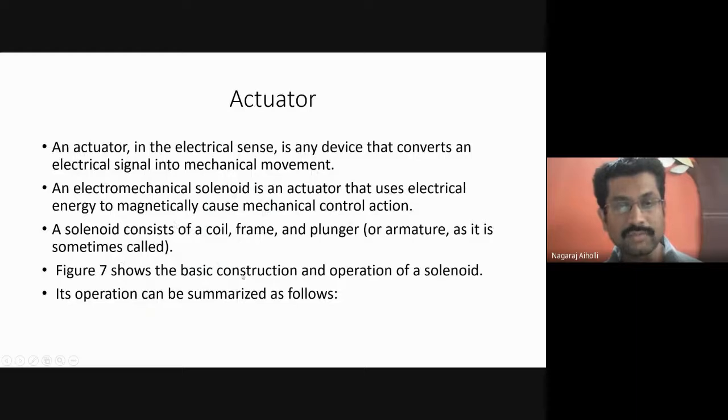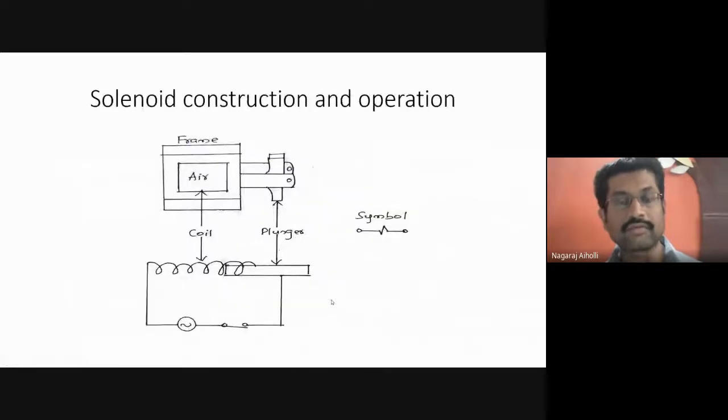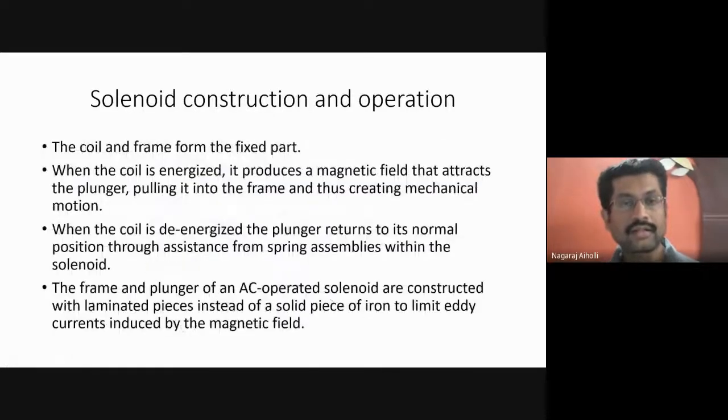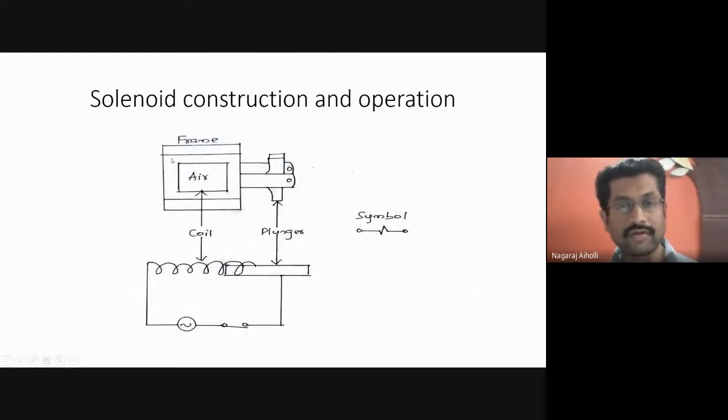The next figure shows the basic construction and operation of the solenoid. Let us see the working of the solenoid. The coil and frame form the fixed part; they are not movable.